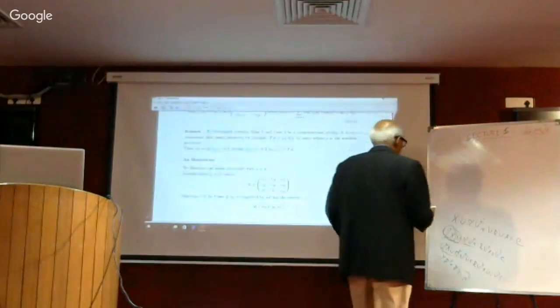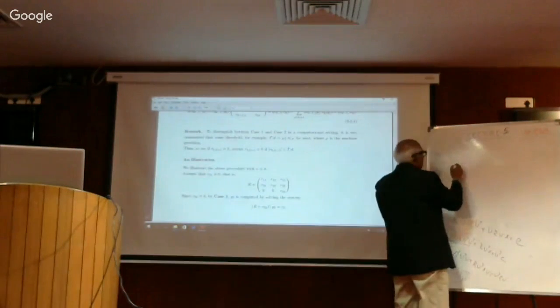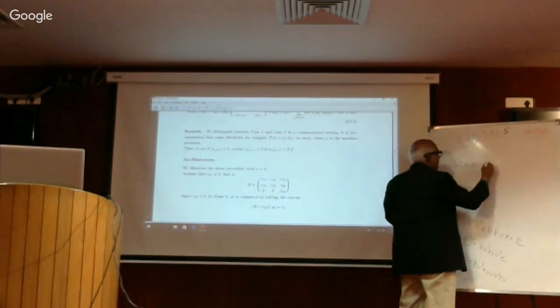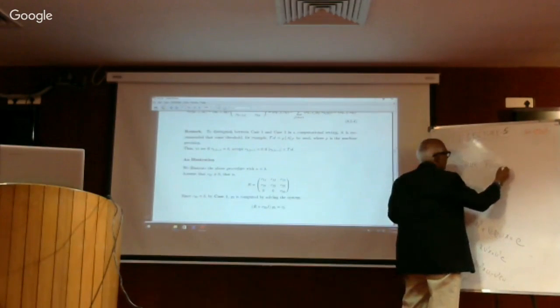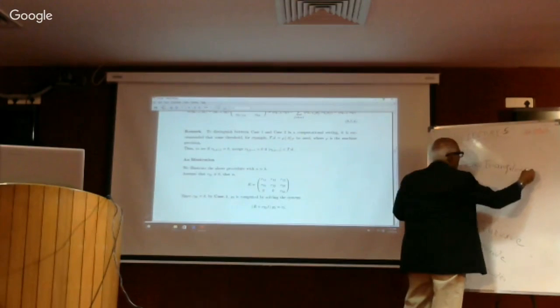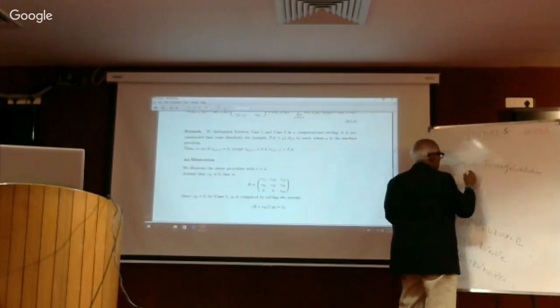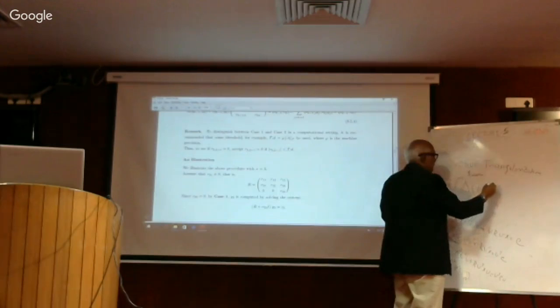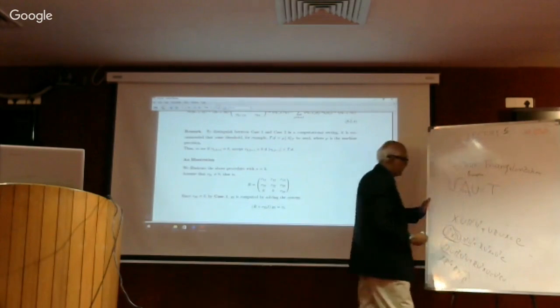So there is a classical theorem due to Schur, called the Schur triangularization theorem. That says that given a matrix A, there always exists a unitary matrix U such that this is an upper triangular matrix.